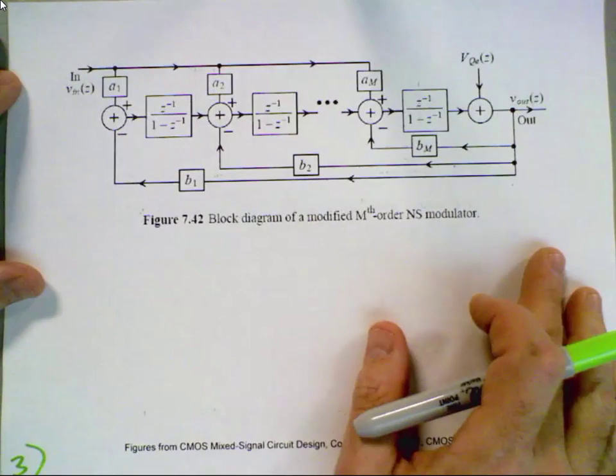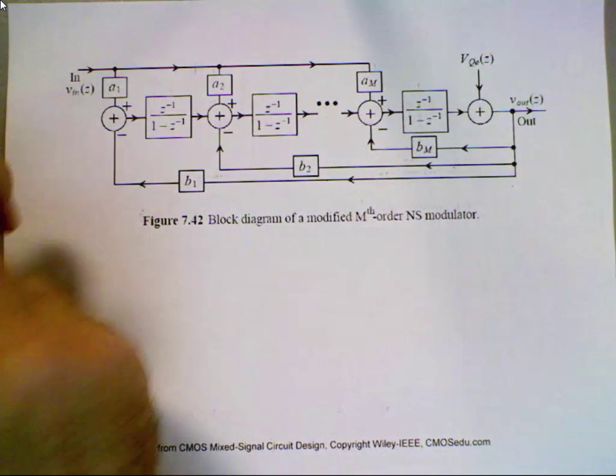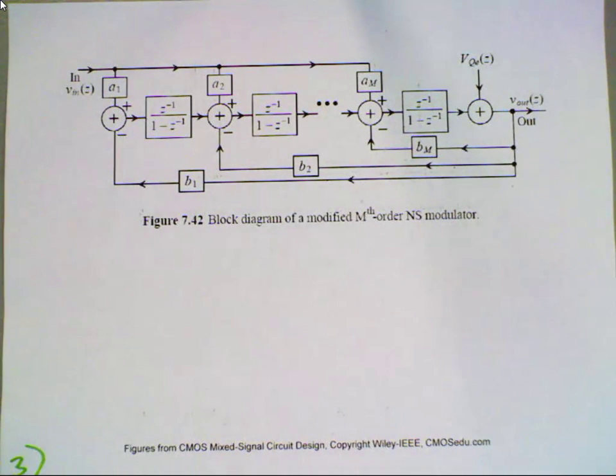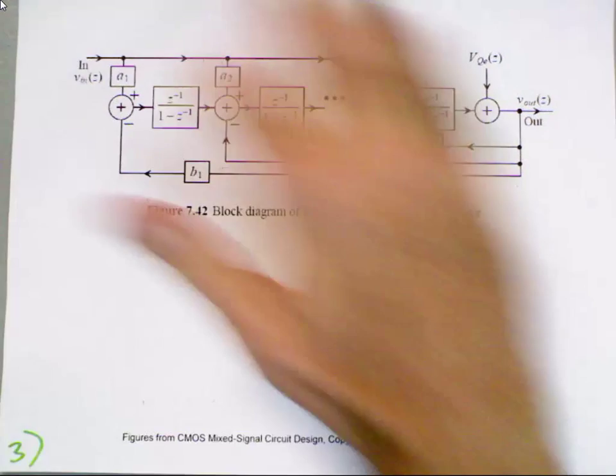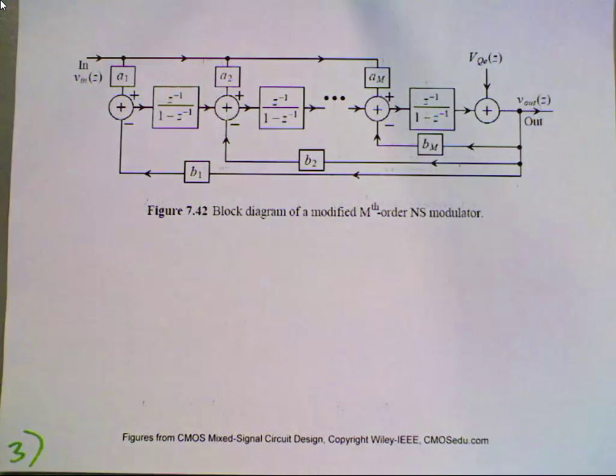In your DSP class, did you go through canonical forms of digital structures? This looks like one of them, right? Where you've got your A's coming in and your B's being fed back. What does canonical mean? It means the proper way of doing things, right? Yeah, minimal hardware.